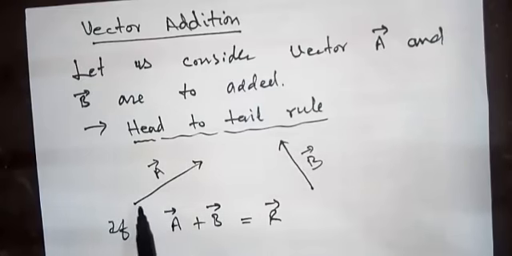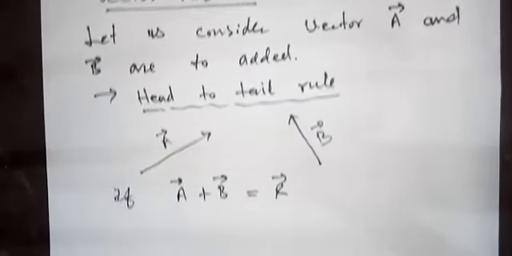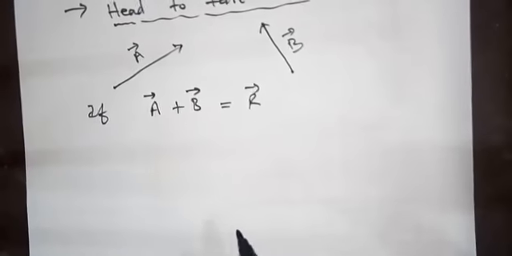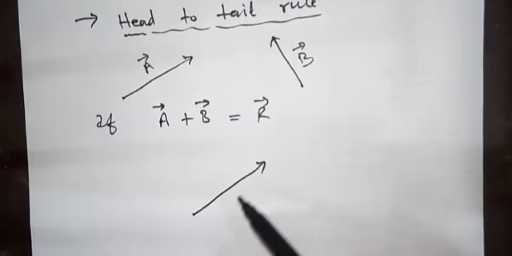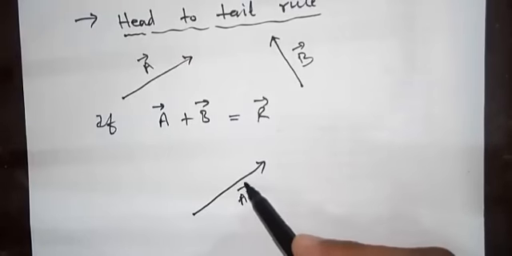We will take the vector A, because in this question we are asked to add A with B. So place the vector A according to its given direction, and that is this one.